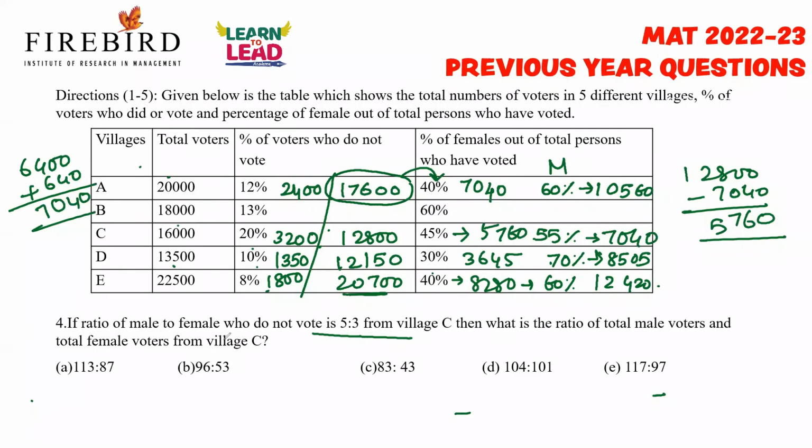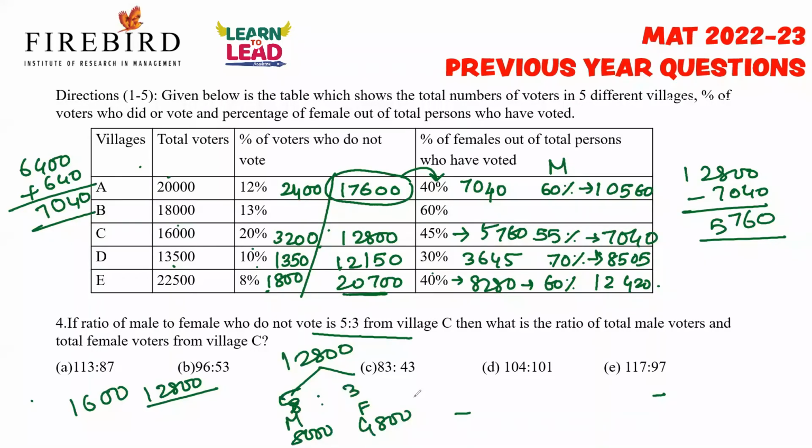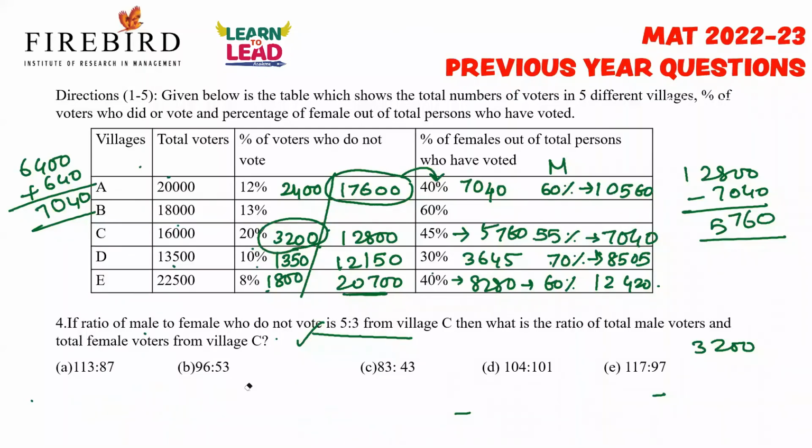See, now they are asking, the ratio of male to female who do not vote is 5:3 from village C. So 3,200 members have not voted in village C. Okay, split this 3,200 in the ratio of 5:3. If the ratio is 5:3, the total parts will be 8. 3,200 by 8 is 400. 400 into 5 is 2,000.